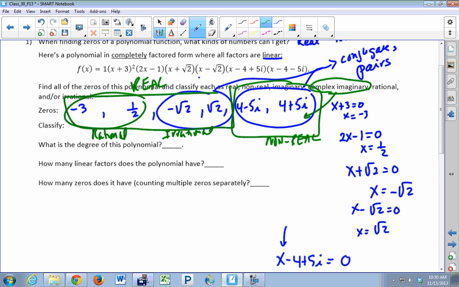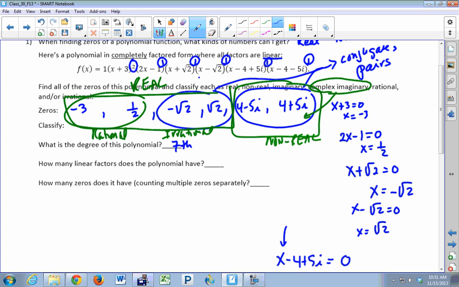Cube, and then x cubed times this x, 4, and then times that one, 5, 6, 7, right? And how do you do that as a shortcut? Remember, if your polynomial is in factored form, you just add up all of your exponents. And notice this would give you 7. So this is a 7th degree polynomial.